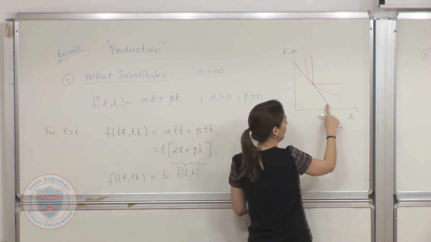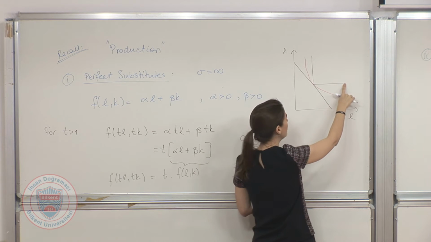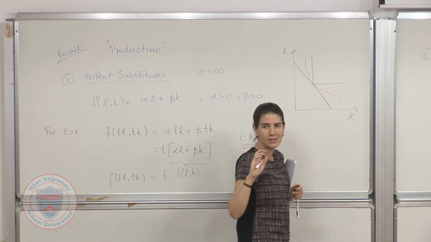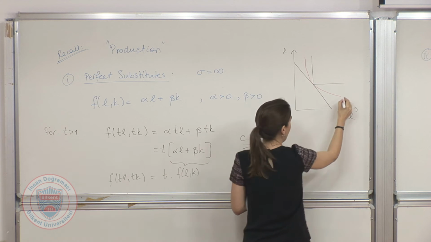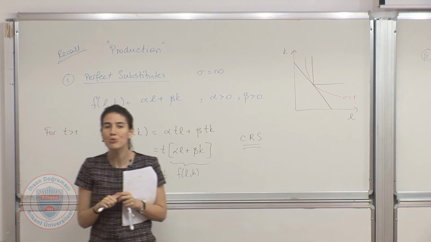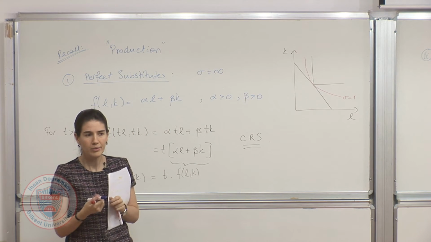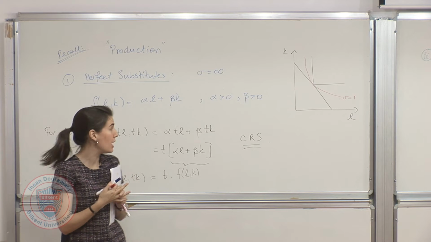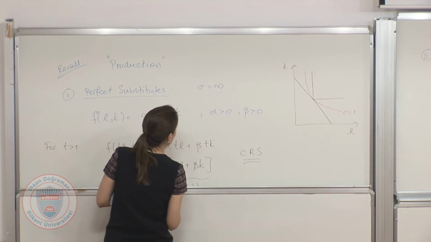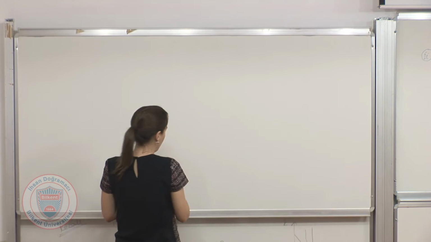Here we have perfect substitutability, here they're not substitutable at all, and here they're substitutable to some extent. When this elasticity of substitution was equal to 1, it had a special name. It was called Cobb-Douglas. So now the third case is Cobb-Douglas.